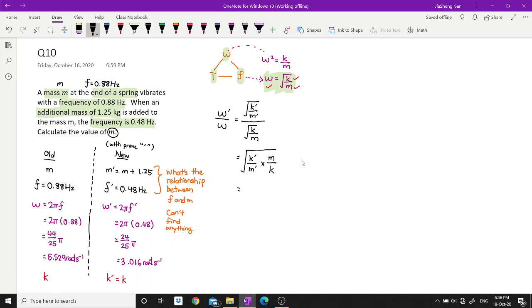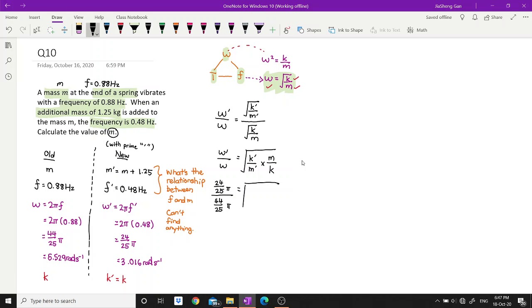And now let's substitute everything inside. If I substitute everything inside, omega prime is 24 divided by 25 pi. Omega is 44 divided by 25 pi. I think it's more useful to write it in fraction because you can cancel things out later.